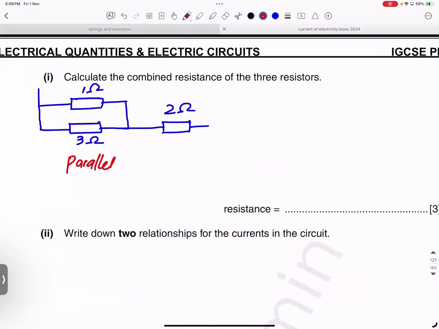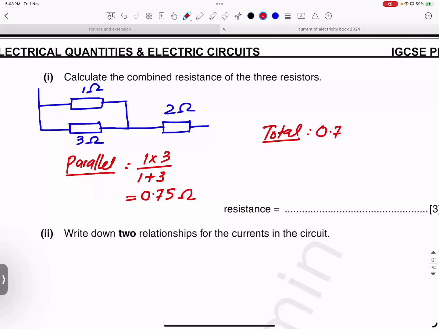For parallel, I told you, you do product over sum. Once you found the parallel, then you go total. This parallel was 0.75 and the other one is 2 in series, so 2.75 ohms.